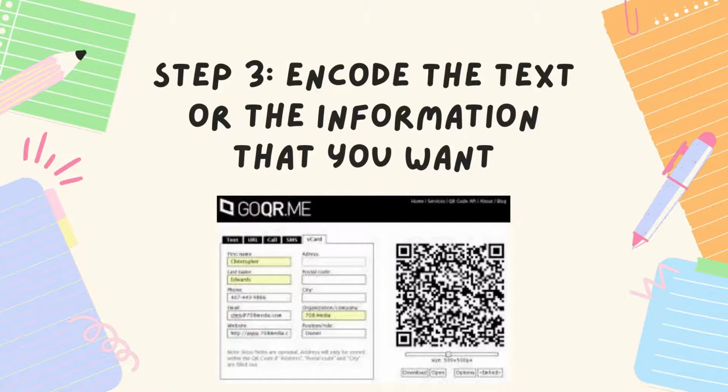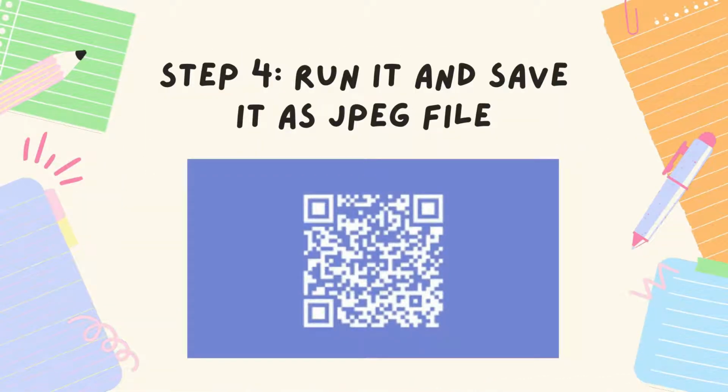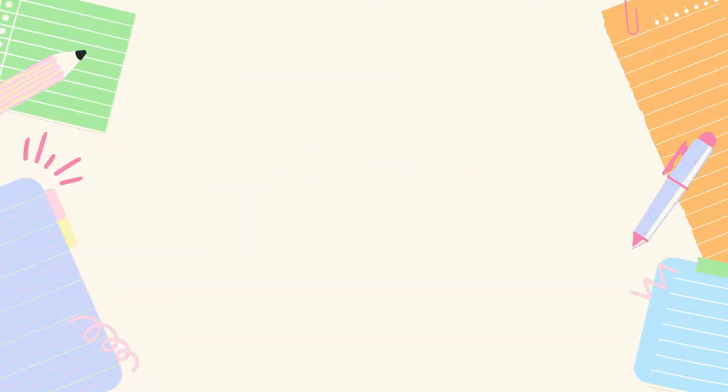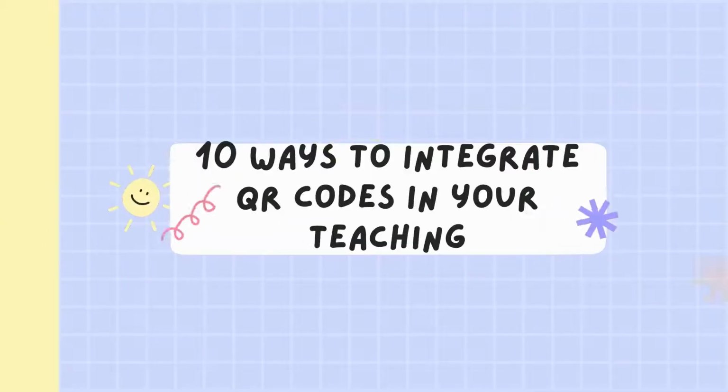Step 4, run it and save it as a JPEG file. Now you have successfully created your own code, which you can now download. And for the last step, step 5, test the QR code using your QR code reader or scanner, since a QR code allows you to decode information at a high rate of speed.